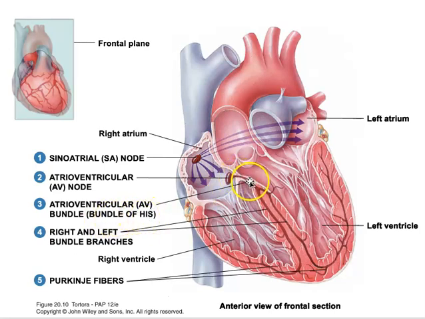In the interventricular septum, those branches divide. There's a left and right bundle branch, and on the left side they curve toward the left and up, and on the right, to the right and up. You can see how the signal goes this way, so the contraction follows that down.